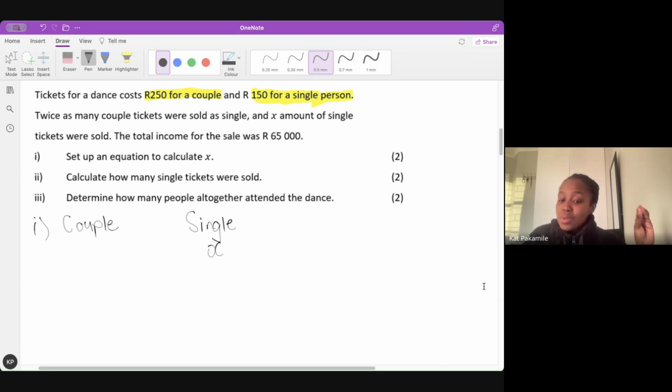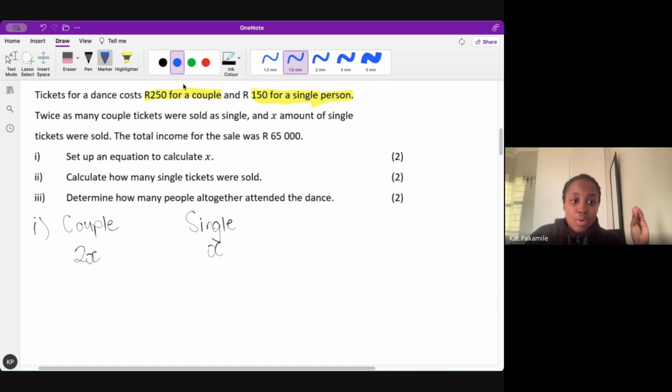Be careful, Dumi, that's the price. Remember I said we're dealing with amount and price. So amount is 2X, but the price is these ones at the top here. Those are two separate variables. If I have X single tickets and twice as many couple tickets were sold, then I have 2X couple tickets, right?